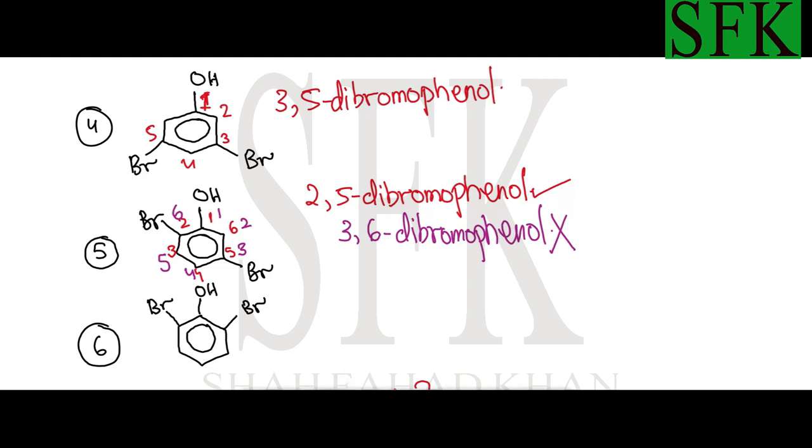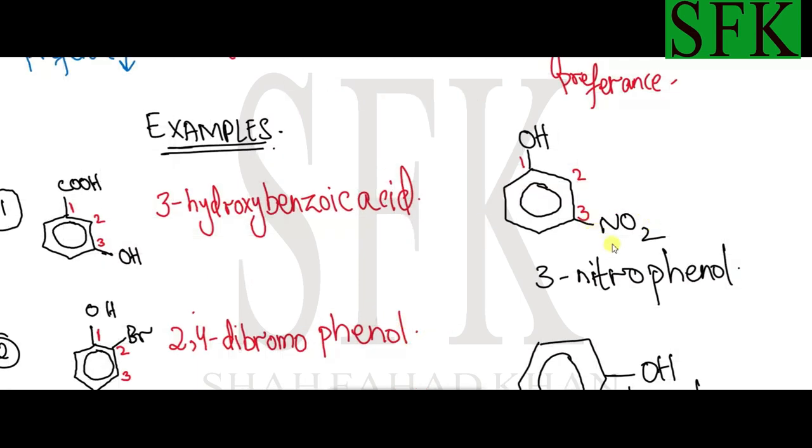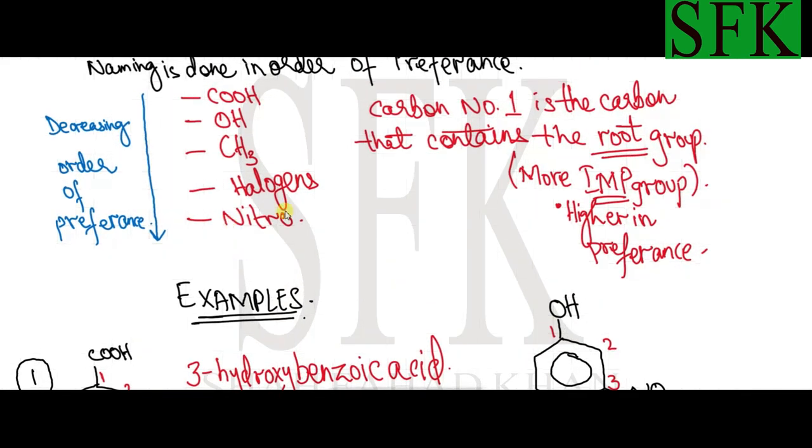Then the last compound over here, phenol, is again given the first carbon, then the second, third, fourth, fifth, sixth. So it becomes 2,6-dibromophenol. If I have a nitro group attached to the phenol group, nitro is below OH in this series.